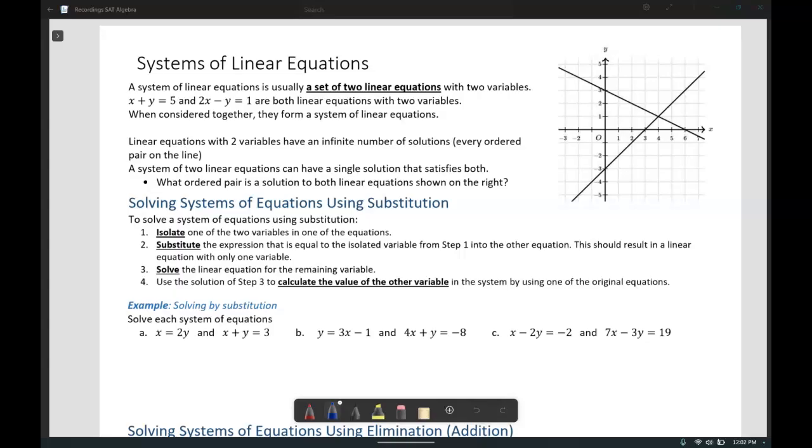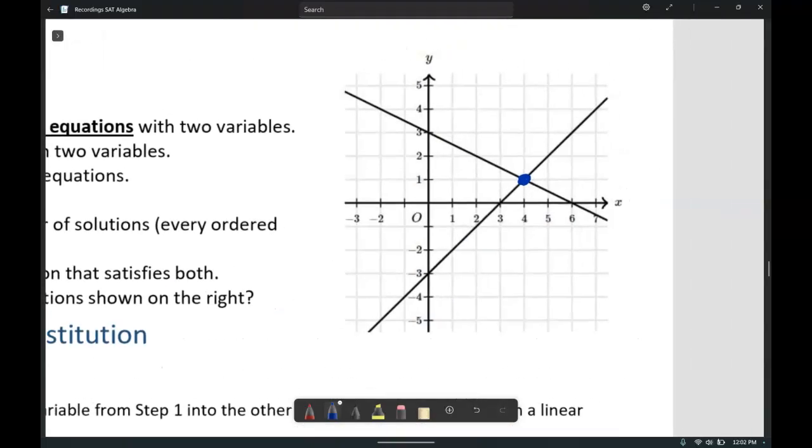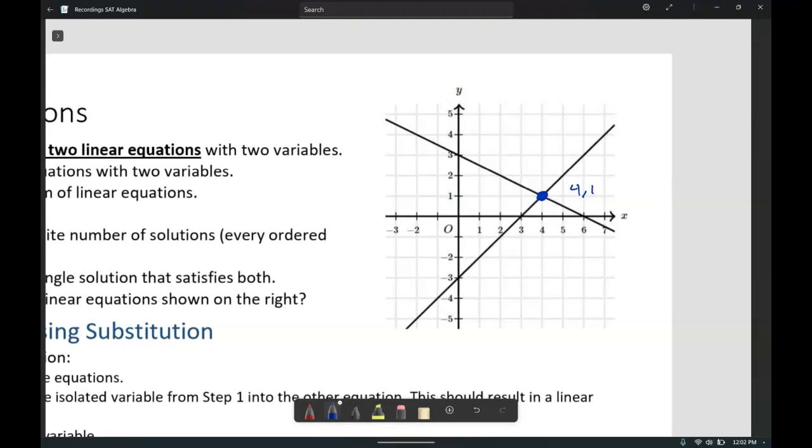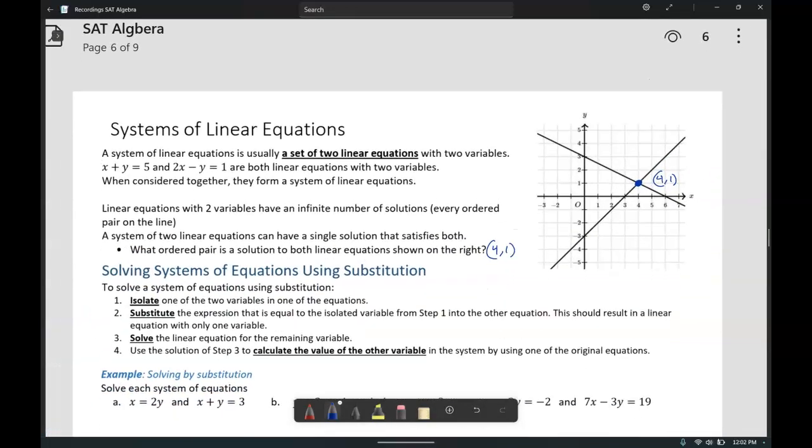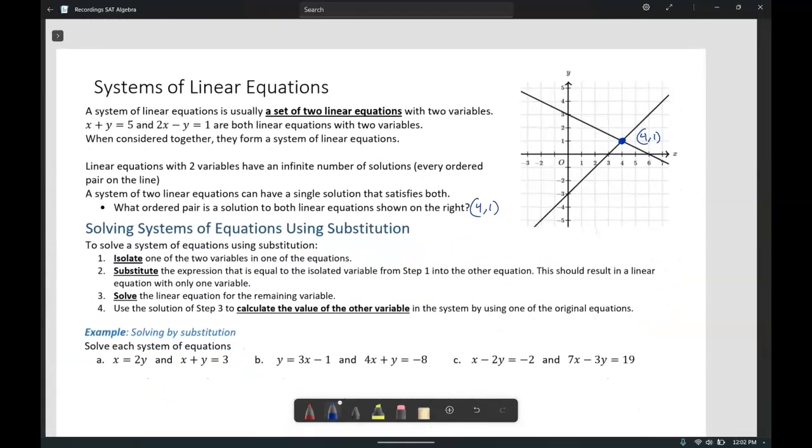So looking at the graph on the right, what ordered pair is a solution to both equations? We're looking for what ordered pair is on both lines. Well, the only point that exists on both lines is this point right here, which is the point (4, 1).